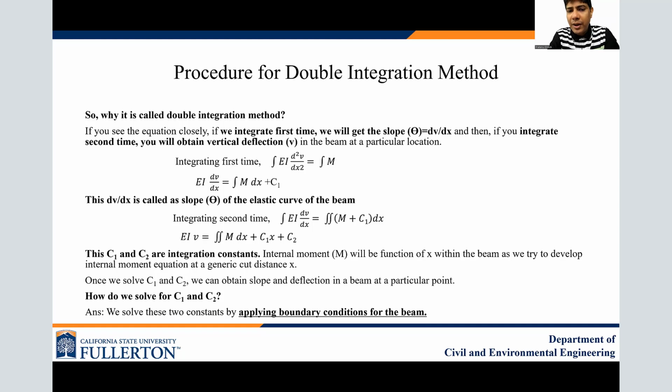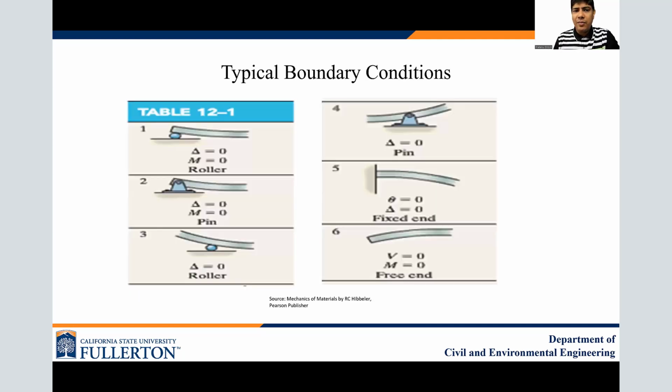So how are we going to find out those two unknowns? By applying boundary conditions for the beam. So let's see what the boundary conditions are for a beam with different support conditions. Here is Table 12.1 from your R.C. Hibbeler book that provides the boundary conditions of the beam.